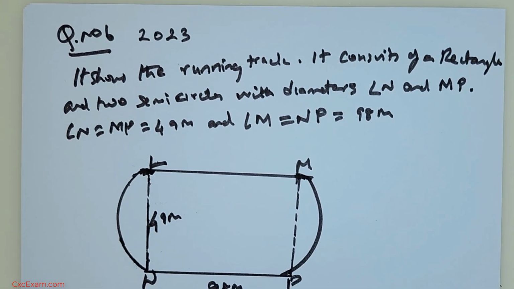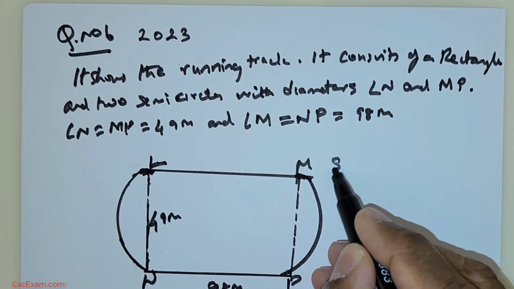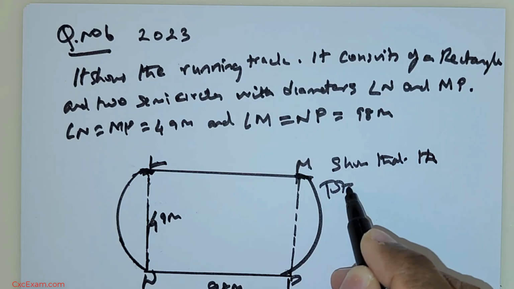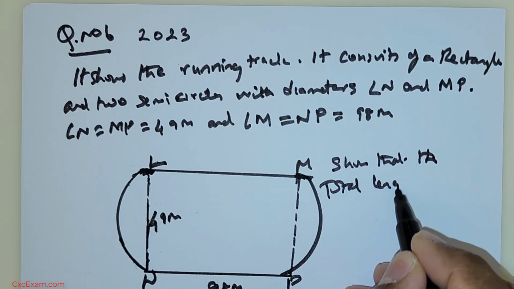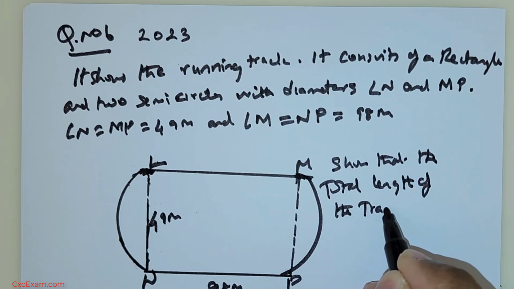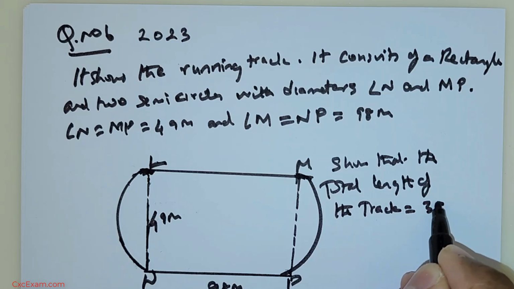runners are using. Now the first question is asking us, show that the total length of the track equals 350 meters.